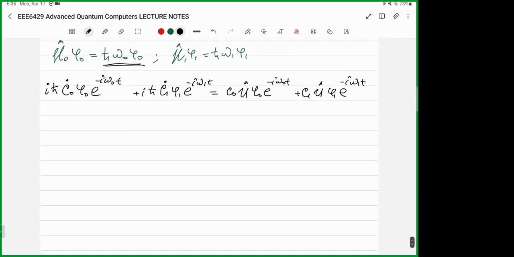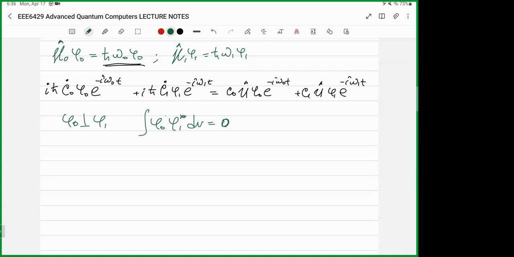Very good. So what we can do now is use the fact that phi sub 0 and phi sub 1 are orthogonal, which means that if I take the integral of phi sub 0 times phi sub 1 complex conjugated, it will be equal to 0. So all the inner products like this will cancel out.